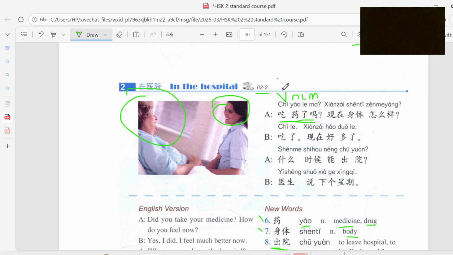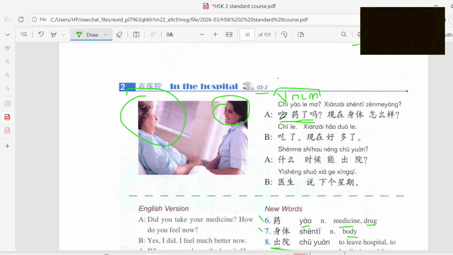So you can use this formula here. You can replace this verb to eat with any verb. You can replace this noun with any noun that you want, then plus le and ma, and create as many sentences as you can. And you'll be surprised how you'll be improving your Chinese. So we learned a couple of verbs and nouns in Chinese.